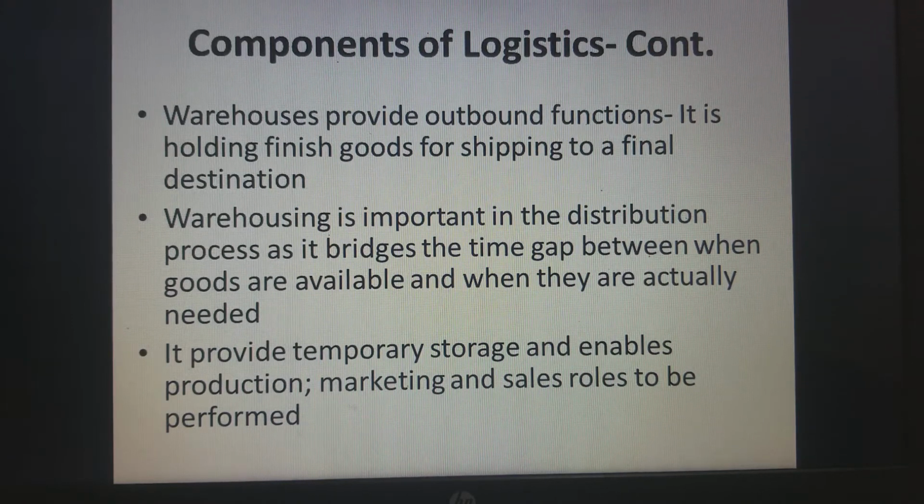Now, warehousing is important in the distribution process as it bridges the time gap between when goods are available and when they are actually needed. A very important point to note. What is meant by that? It bridges the time gap between making a reorder and the time it will take for the supplier's goods to reach you to participate in the production.